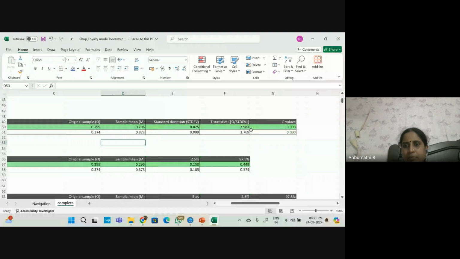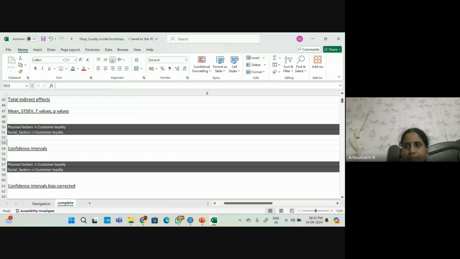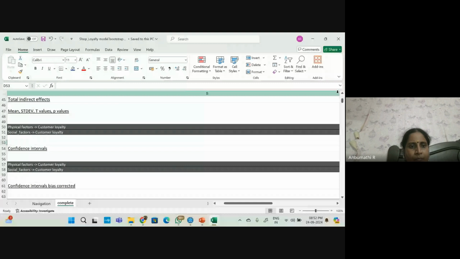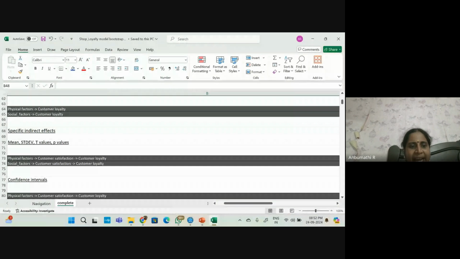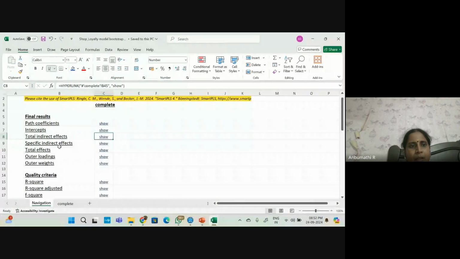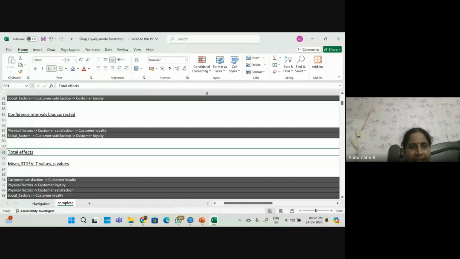It's very wide. When you go to the total effects, you see the paths from customer satisfaction to customer loyalty, physical factors to customer loyalty, etc. All the paths are here.